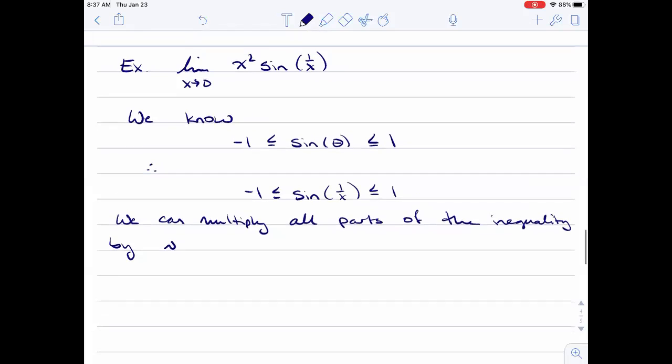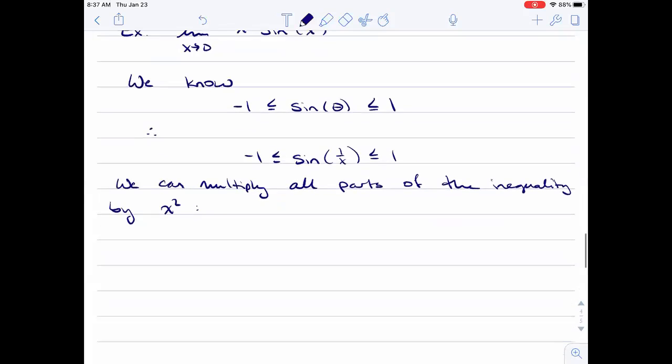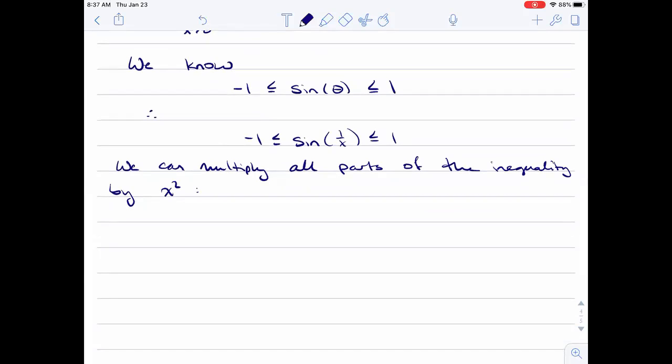Oh, sorry, I almost did root x squared by x squared. Why am I not worried about it changing the inequality? X squared is always positive. X squared is greater than or equal to 0, because if I square a negative value, it just becomes positive.